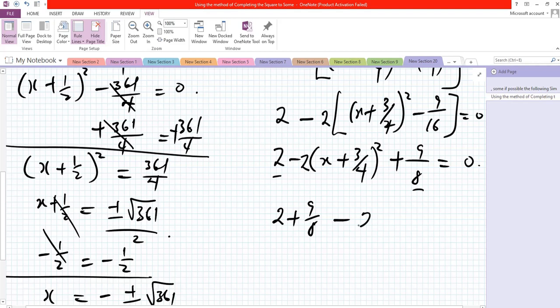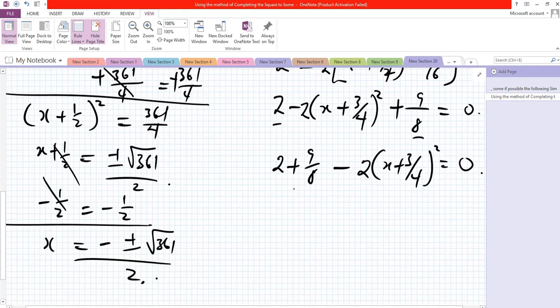Then this one is 2 plus 9 over 8, so this will now be 25 over 8 minus 2 all in brackets x plus 3 over 4 all squared equal to 0.